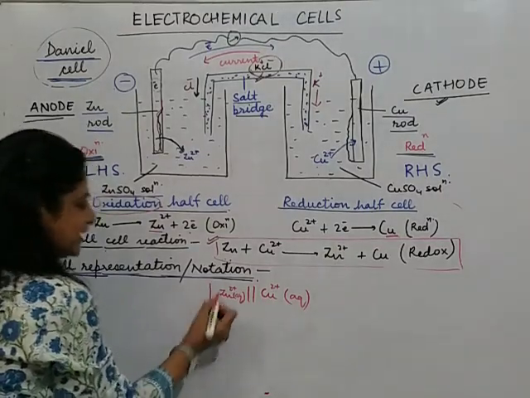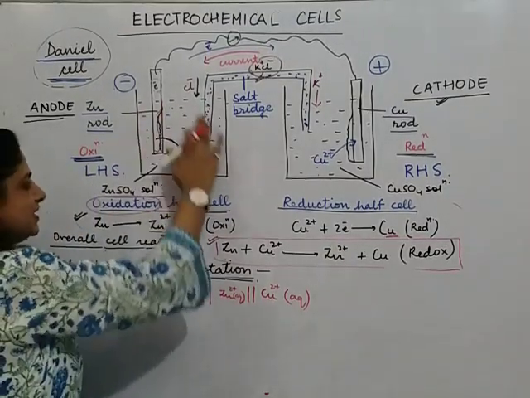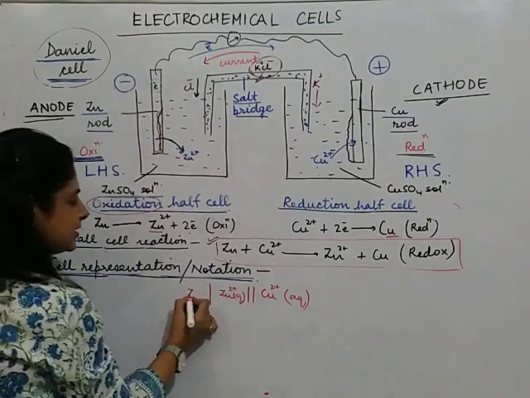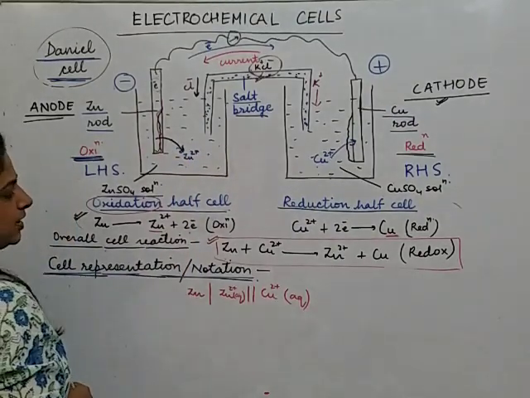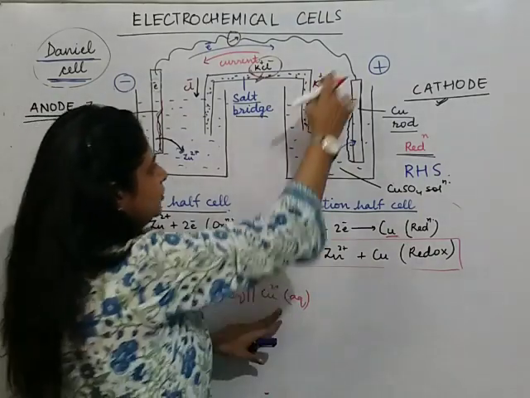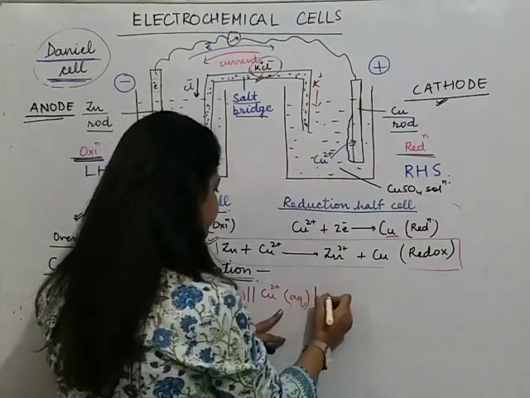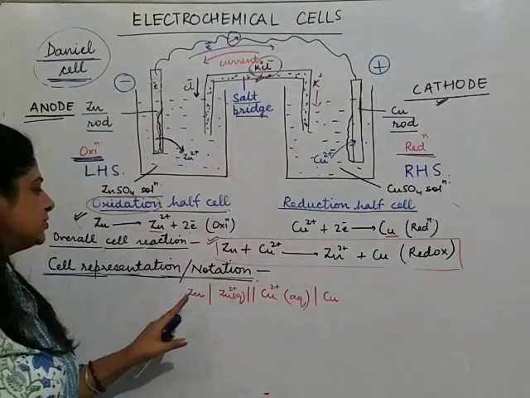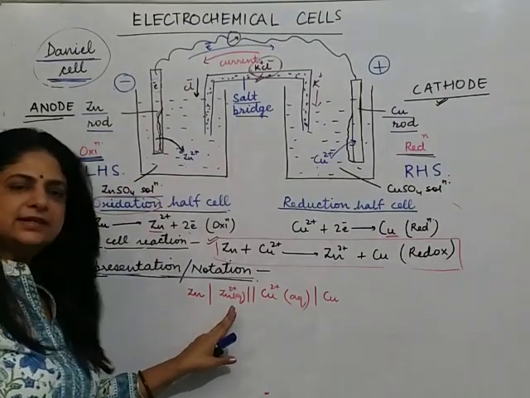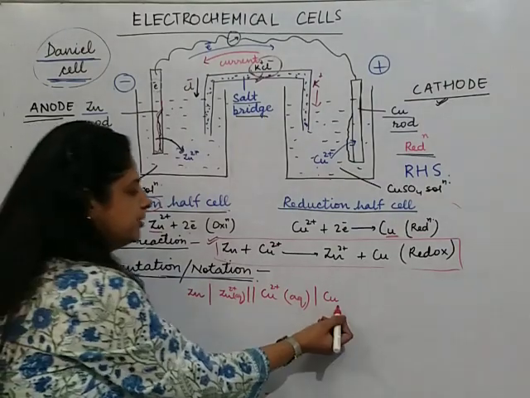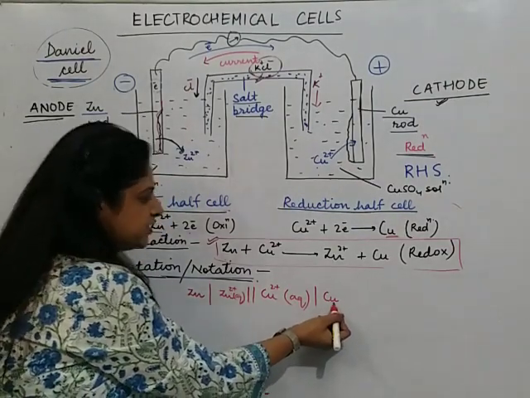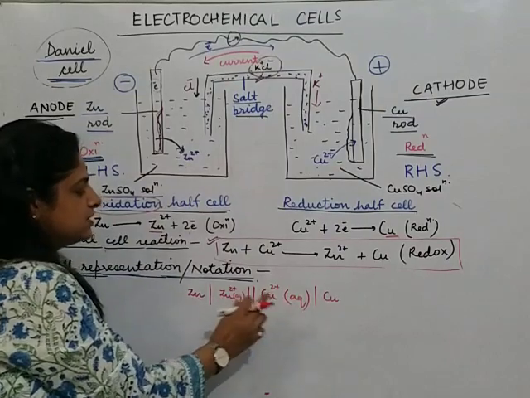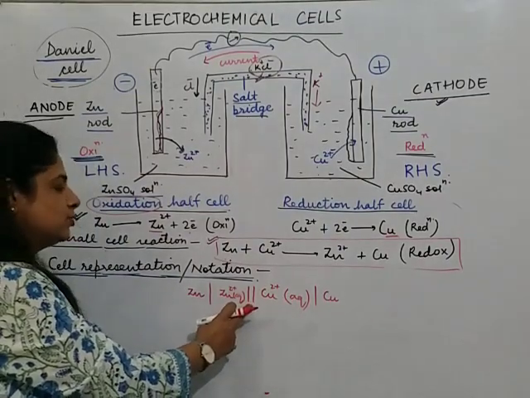In the zinc solution the rod dipped is zinc metal, while in the other solution the rod dipped is copper metal. So zinc metal is dipped in zinc sulfate solution, and a copper rod is dipped in copper sulfate solution. These two solutions are connected by a salt bridge.